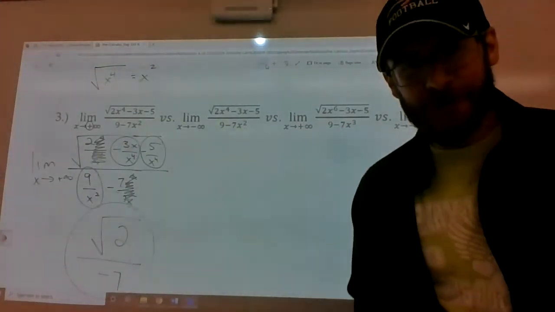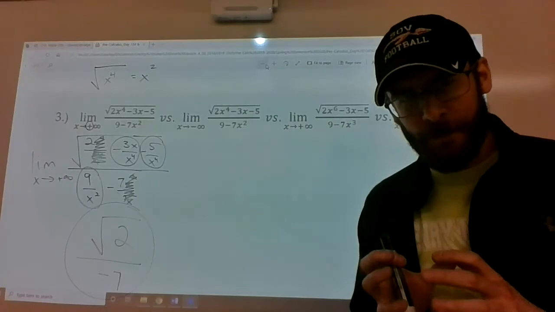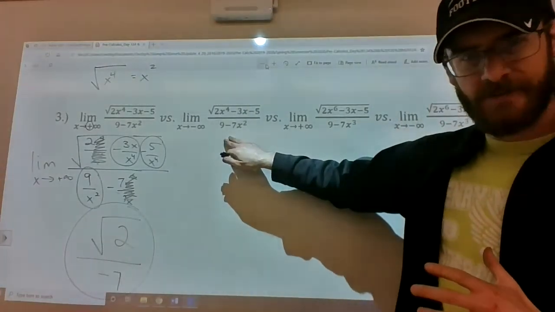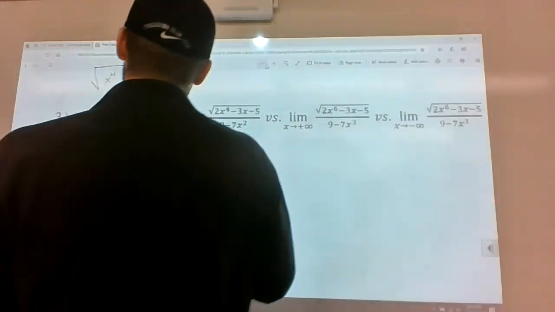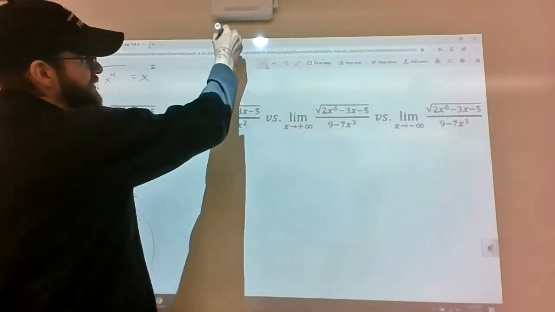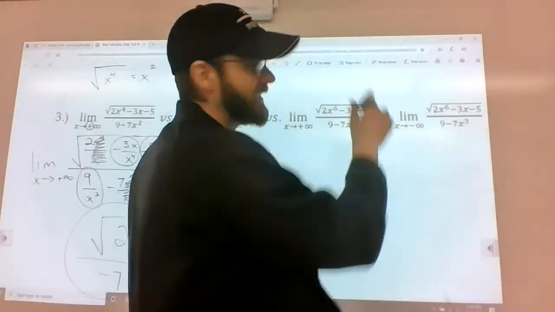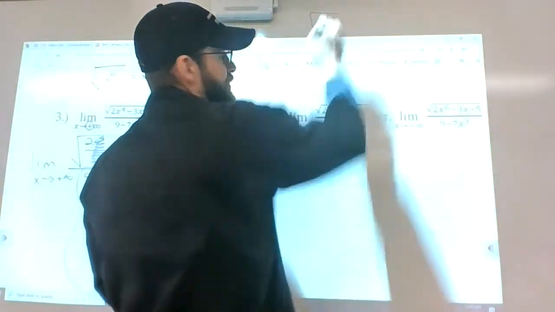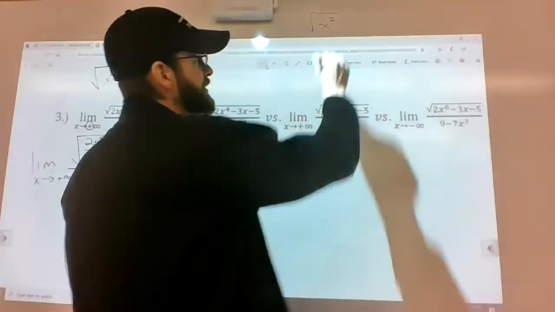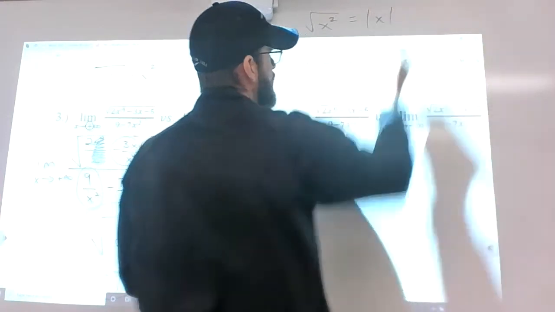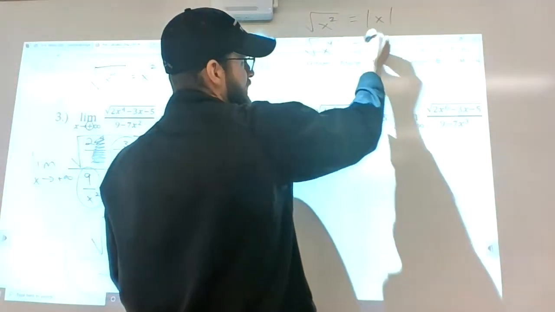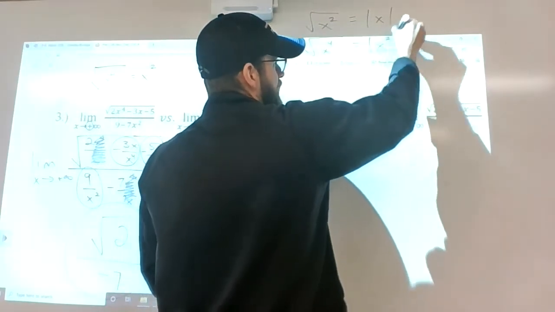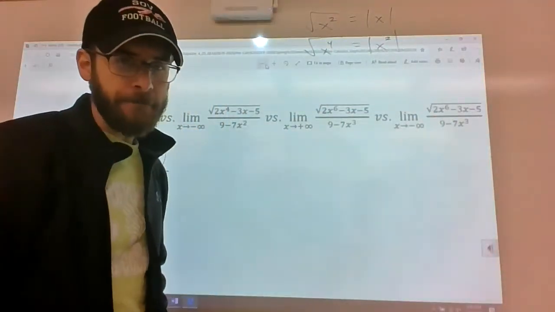Now here's the really tricky part about this second piece. Before, we were talking about how you're supposed to do root x squared is equal to the absolute value of x. So why didn't you say root x to the fourth is equal to the absolute value of x squared?